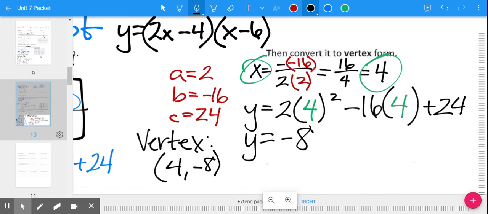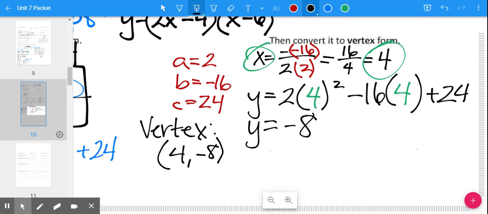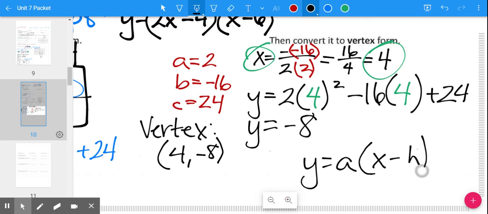So I'm going to do the erase and replace thing again because sometimes it helps, especially when something is different. So we have y equals a times x minus h squared plus k. So in this case, the a value is 2. So we're going to erase that a value and put a 2.